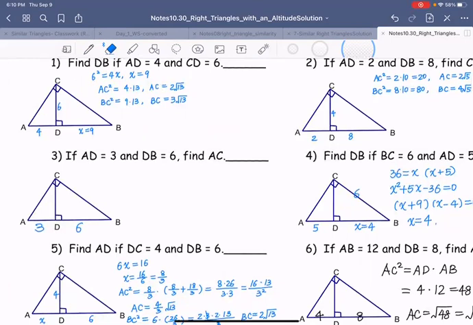Angela, go ahead. Number 3. AC squared is who? How much is AC squared? It's AB times AD. So go ahead.